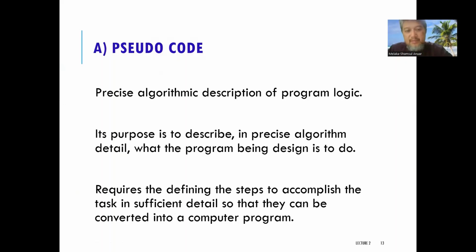Its purpose is to describe in precise algorithm detail what the program being designed is to do. It requires defining the steps to accomplish the task in sufficient detail so that they can be converted into a computer program.